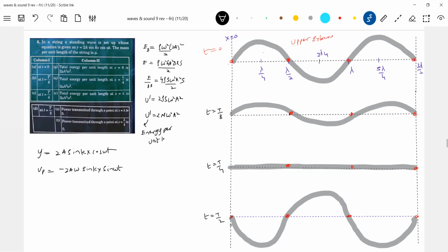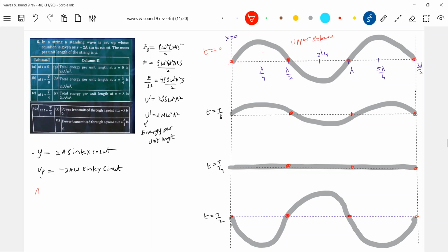Now, I think first we should get clarity on what the question is. The displacement equation is there, the velocity equation is there, energy per unit length, we have everything. Now at x equal to 0, what do you expect? Total energy per unit length at x equals 0. Will it be non-zero or zero here? Non-zero, no, because deformation energy is there. The whole energy will be here in the form of deformation energy. Of course, nodes will be at rest.